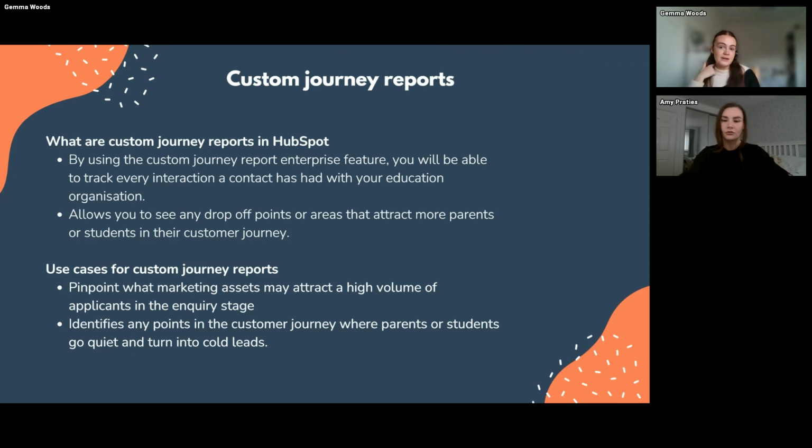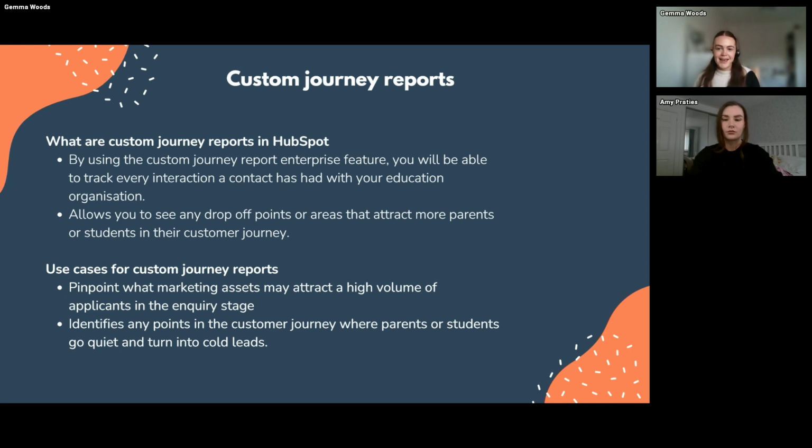You can then also identify drop-off points. So, for example, do parents at a school or students at a college or university get to a certain part of your process and lose engagement? This will allow your marketing teams to think of a strategy to improve this and ensure that these drop-off points that you can identify via this report are still engaging for a parent or a student.